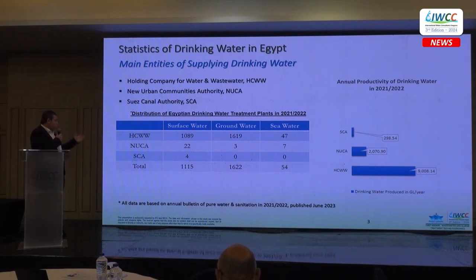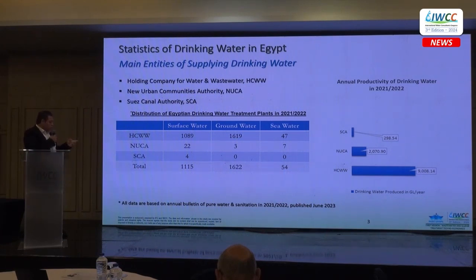We could see that holding company for water and wastewater has about 1,089 surface water and 1,019 groundwater and 47 seawater. NUCA has 32 treatment plants, 22 for surface water and 3 for groundwater and 7 for seawater.